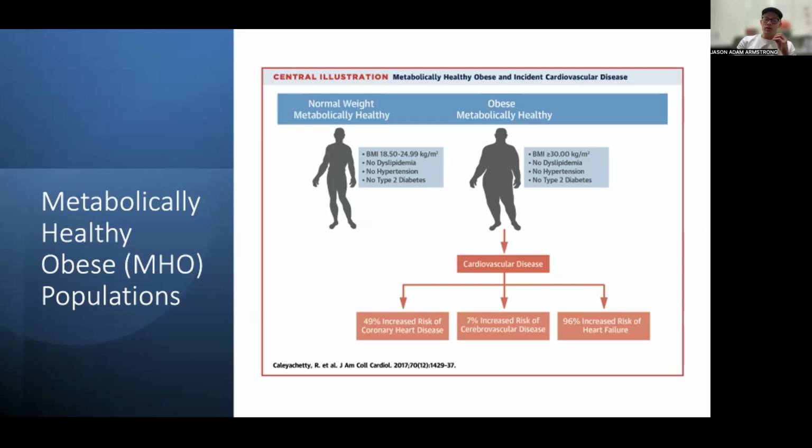So the other thing that I have in the slide notes here is that your risk for type 2 diabetes in a metabolically unhealthy population compared to a metabolically healthy population is 8.93. So your risk for diabetes is almost 9 times higher than it would be in a normal weight, normal metabolic functioning population.